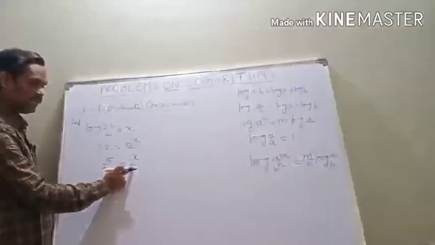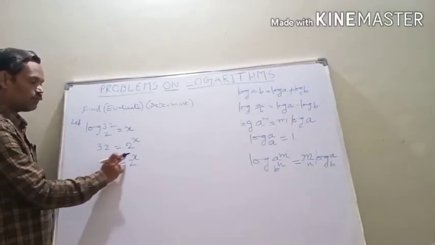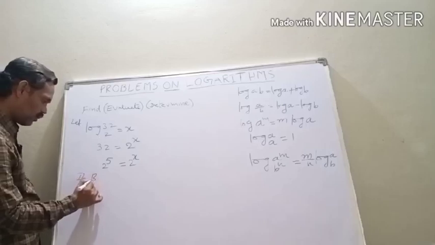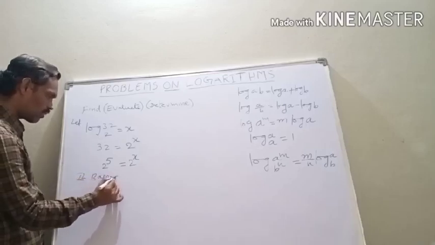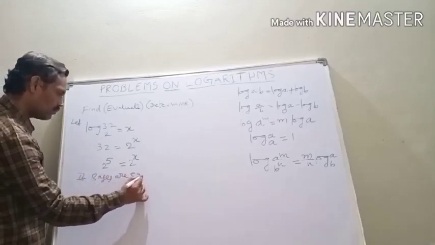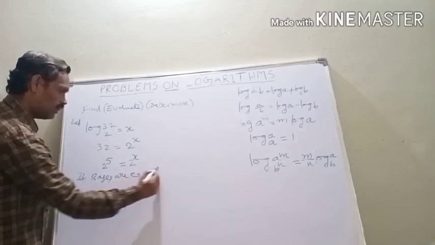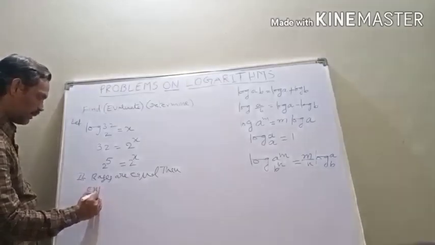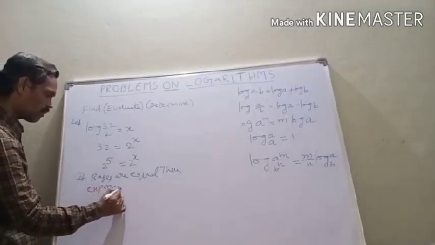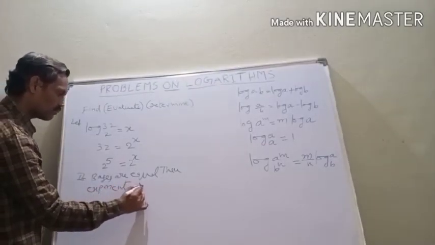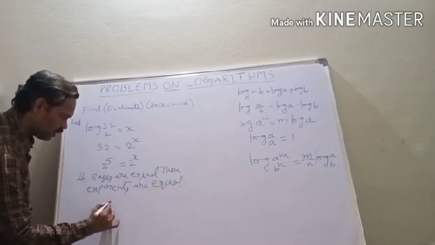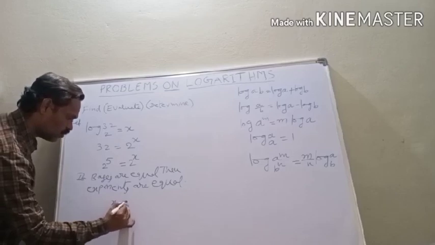So when bases are equal, automatically exponents are equal. Therefore, x is equal to 5.